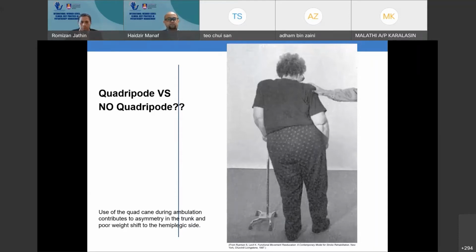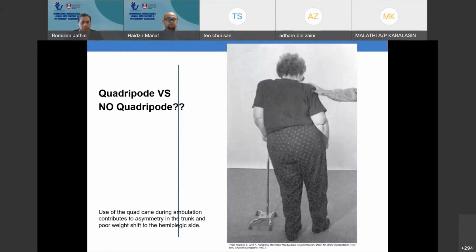Based on my example, I'm working in a hospital that has a rehabilitation setting. So in the acute setting, maybe after 5 days, maybe after 1 week of admission in the acute stage, the doctor will say, okay, we are ready to discharge the patient. What is your plan? During that time, I'm in control of giving the outpatient appointment.